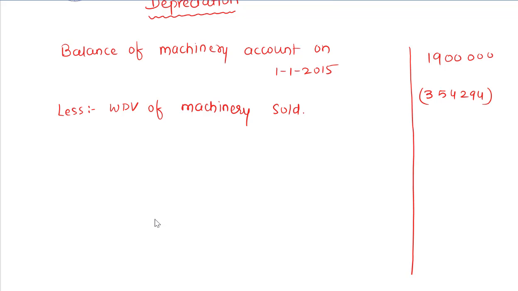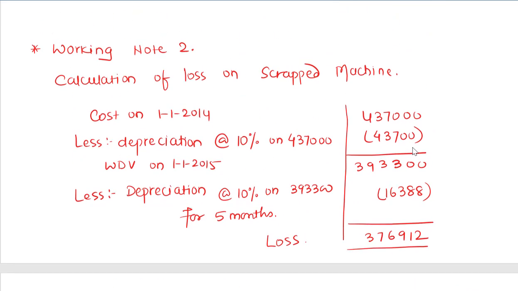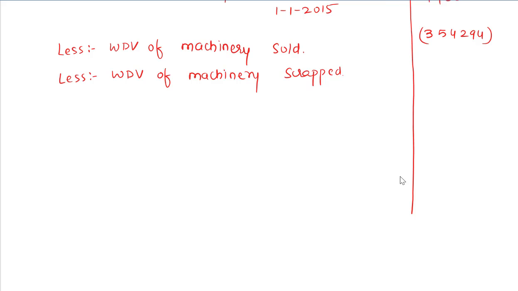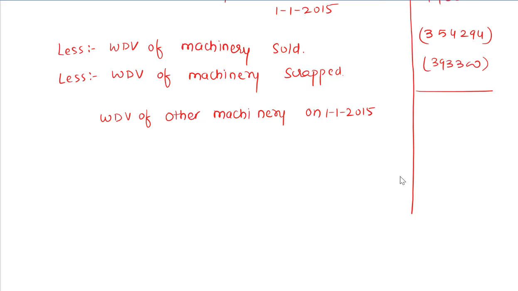354,294, less WDV of machinery scrapped 393,300. This gives the WDV of other machinery on 1st of January 2015.